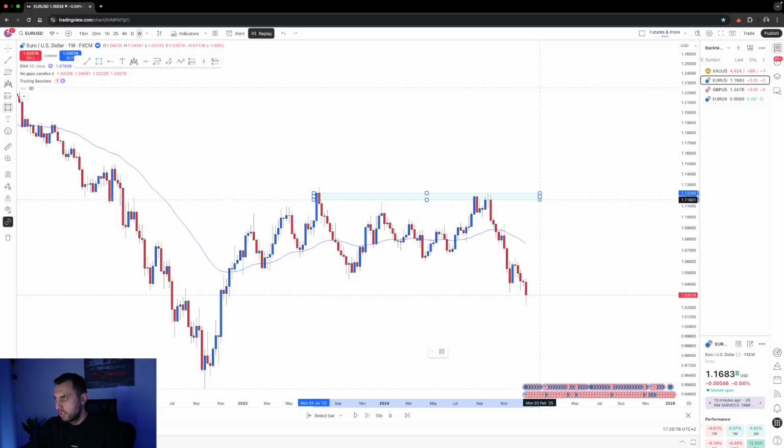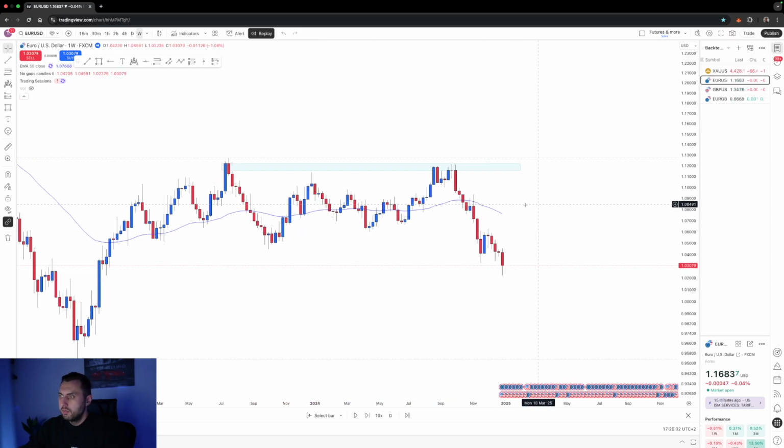The support and resistance, basically area of interest, is support and resistance for me. And they need to have at least 3 taps. So we see here 1, 2, 3. Then let's see what else we have. This is on weekly, by the way. We start with the weekly chart.